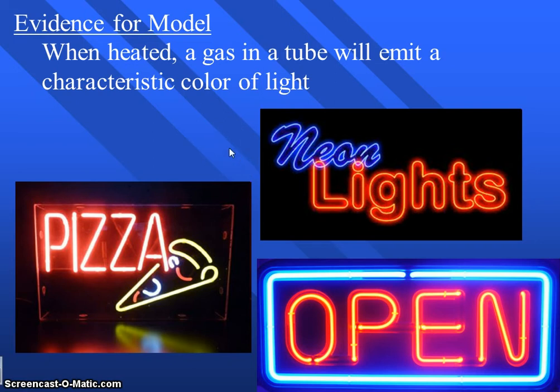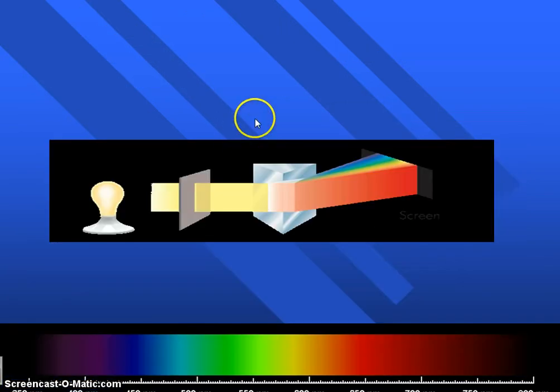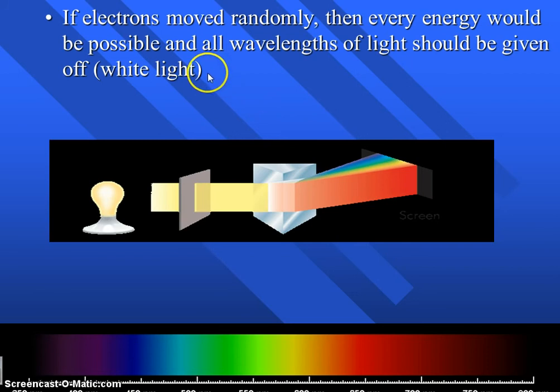Now, what does this have to do with electrons? Well, when they were looking at these neon lights, they were trying to make some predictions. According to our model, if your electrons are just randomly moving, then again, at any given point in time, there would be some electrons that would have any possible energy.